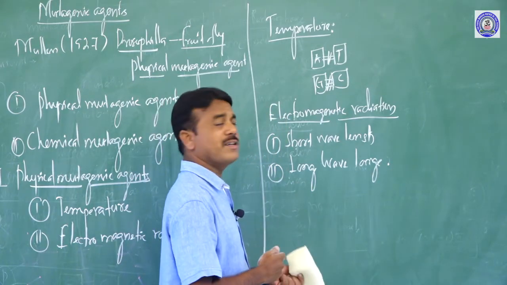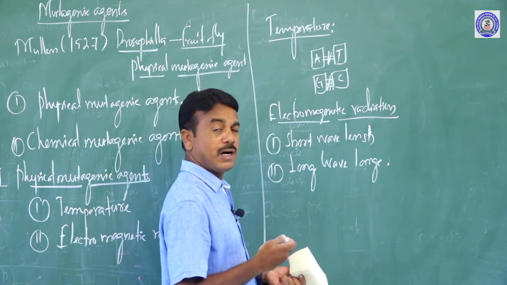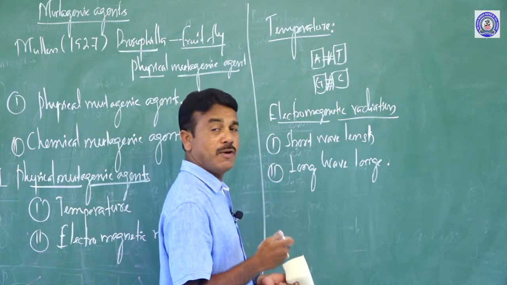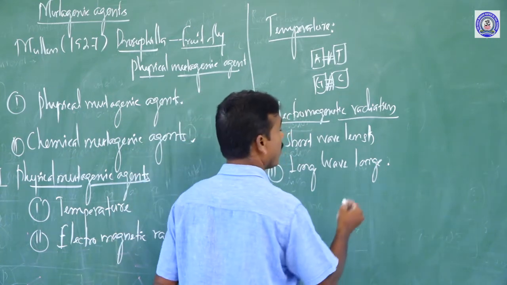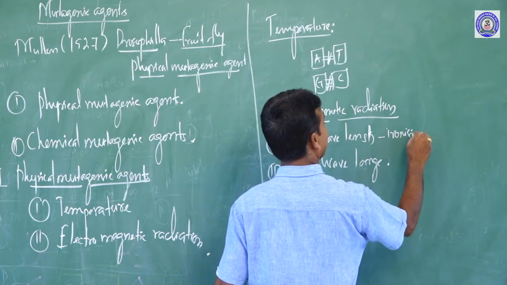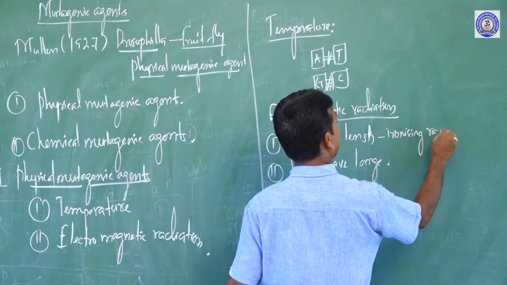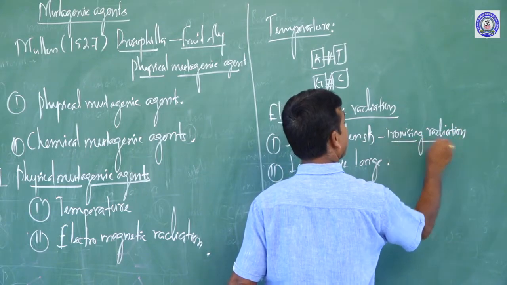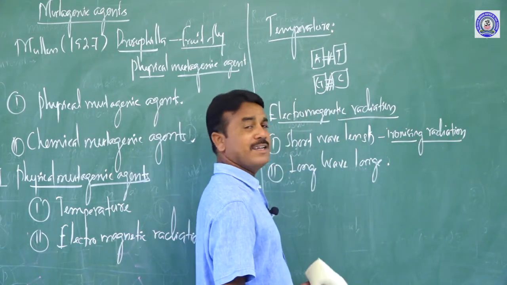Short wavelength rays are commonly called ionizing radiation.